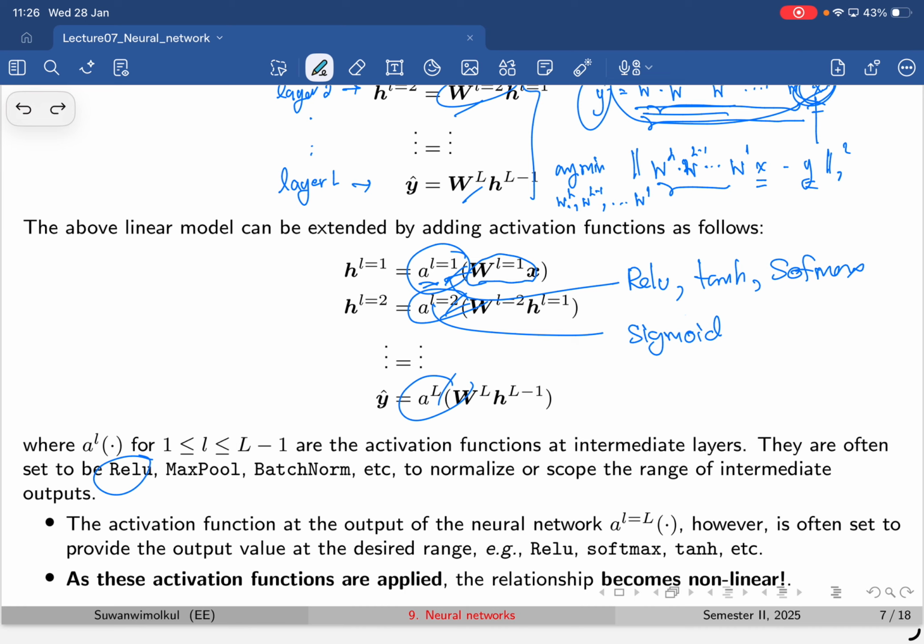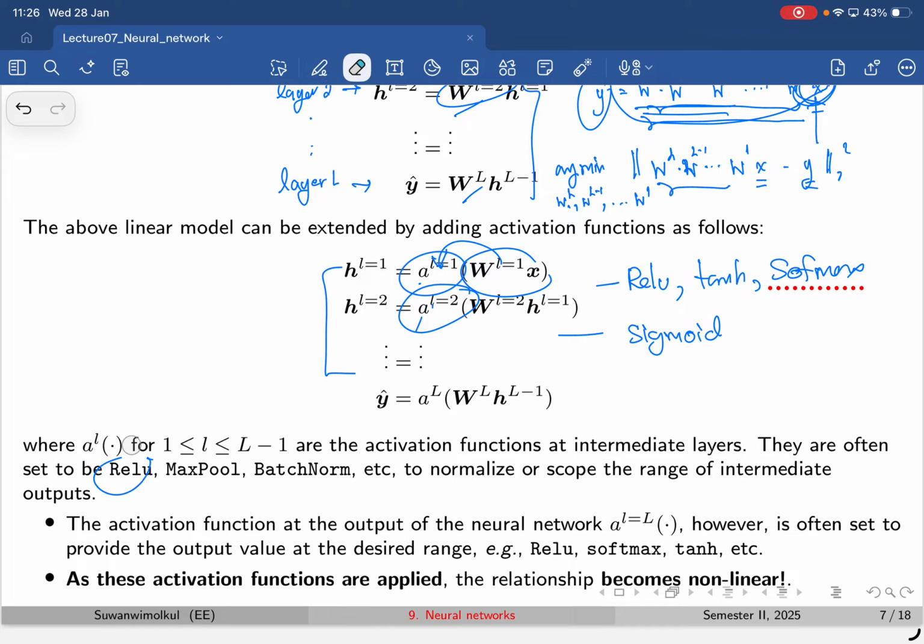But usually the one used in between, after you get this linear vector multiplication, you may want to pass it through a nonlinear mapping. If this nonlinear mapping is in between, usually the types of layers that they will use are going to be batch normalization and ReLU.